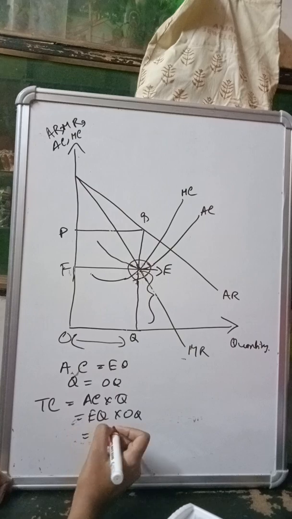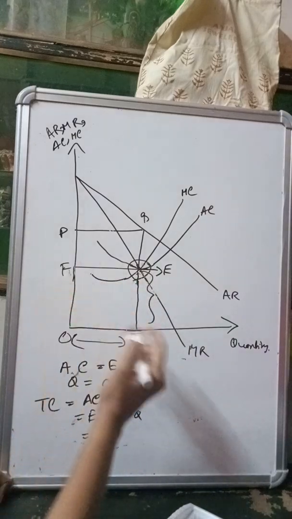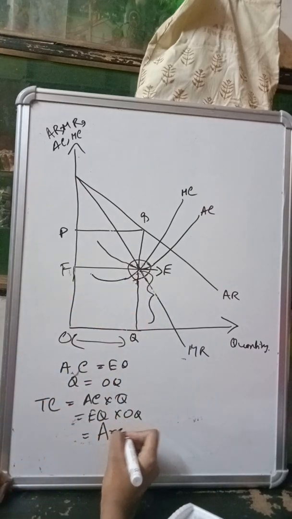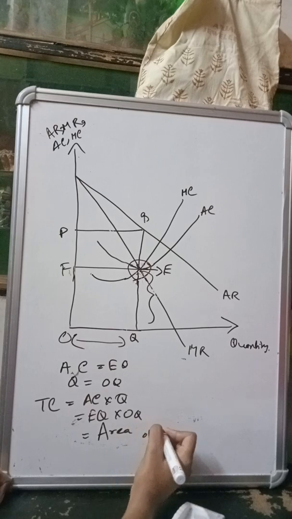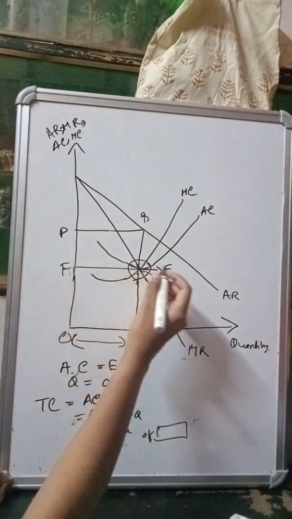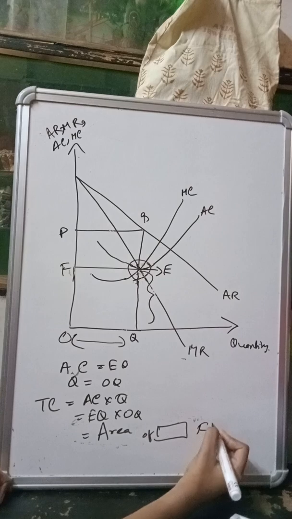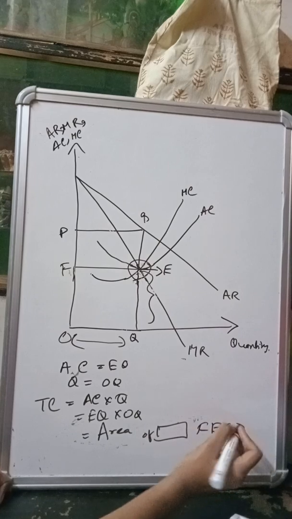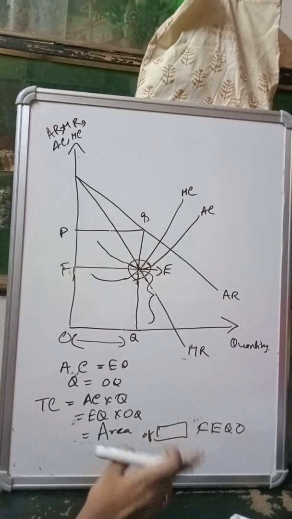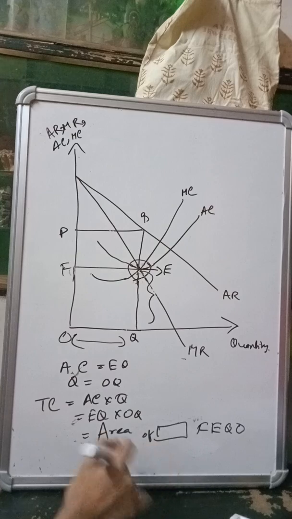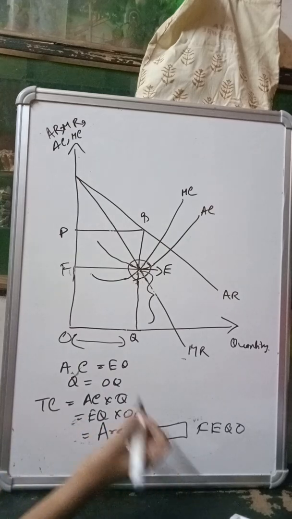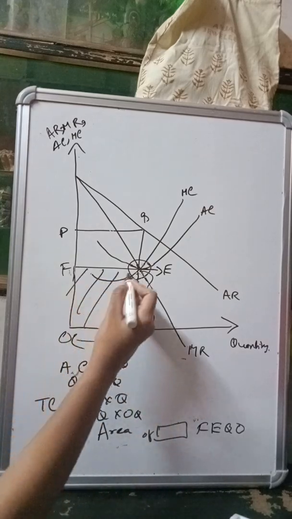And EQ into OQ is nothing but the area of the rectangle FEQO, right? You don't write this rectangle notation in the examination, okay? So this is the total cost we have got.